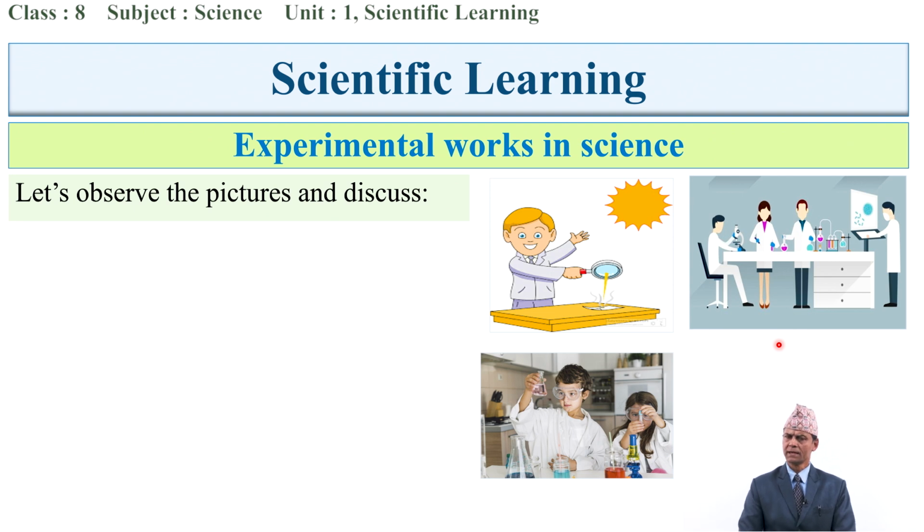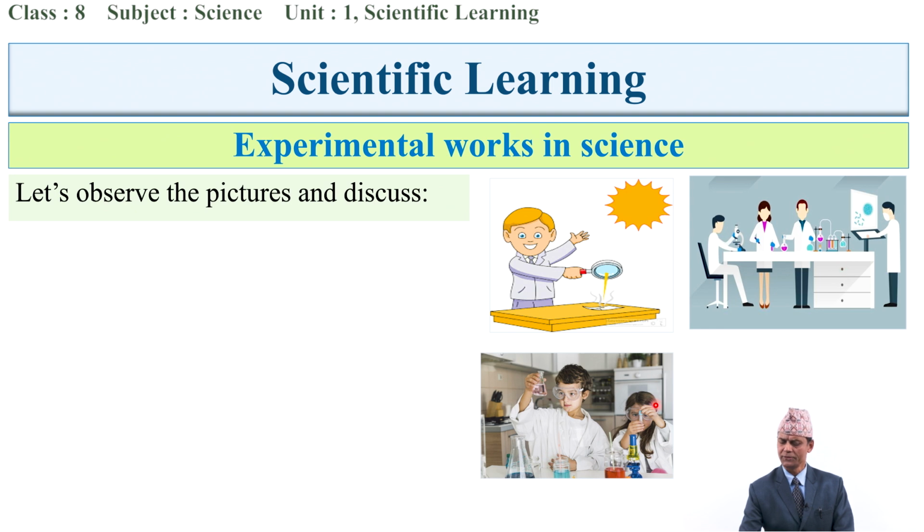Dear students, in the scientific learning process, we can involve ourselves in experimental work in science. What sorts of work are experimental work? Let's observe the picture and discuss. What do you see here? This first picture, what do you see?